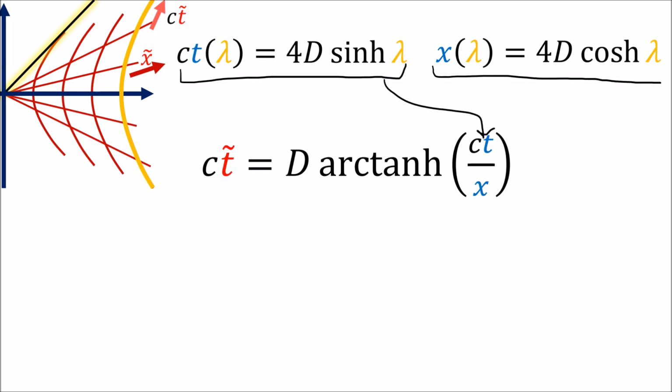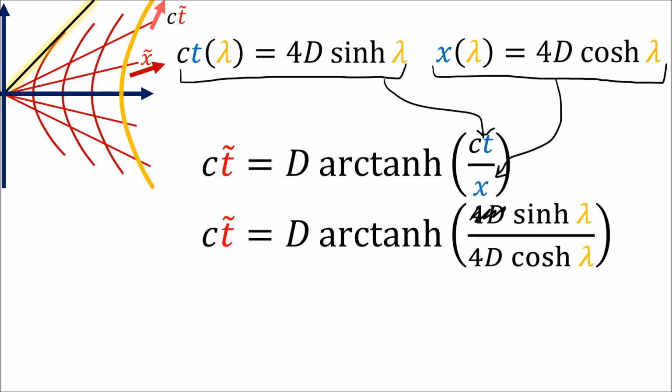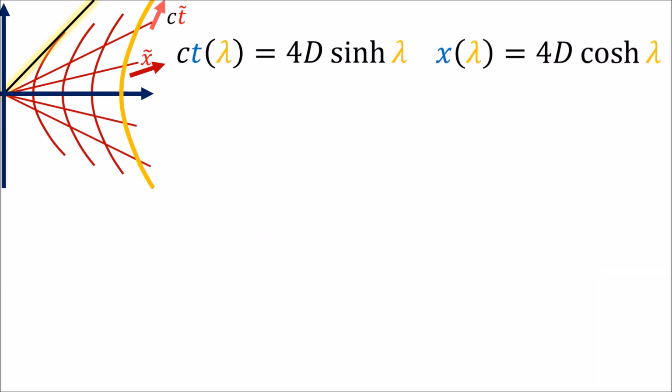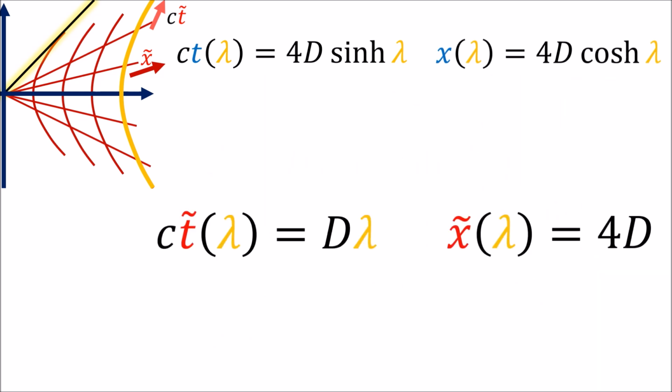Plugging in ct and x, the 4d's cancel, and sinh over cosh becomes tanh. Since arctanh and tanh are inverse functions, they cancel out, and we just get the input argument lambda. So ct tilde equals d times lambda. So the parametric equations for this world line are a lot simpler in Rindler coordinates.